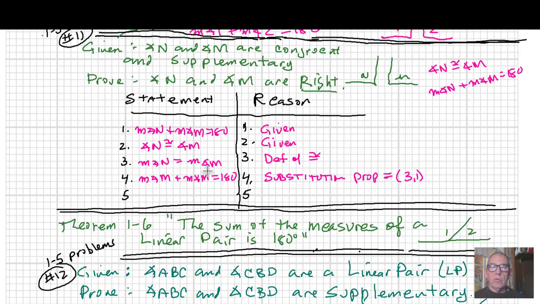So all we did there was we took this angle M, since it was equal to N, and we replaced the measure of angle N with what it's equal to. So that's substitution. Now this gives us two measures of angle M equals 180. This is simplify.